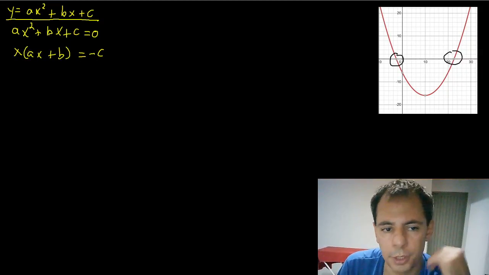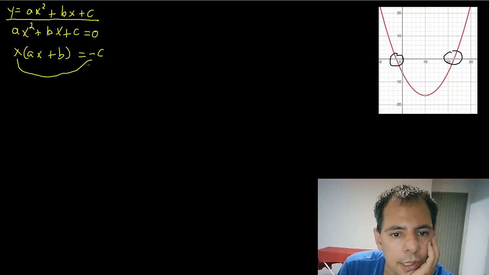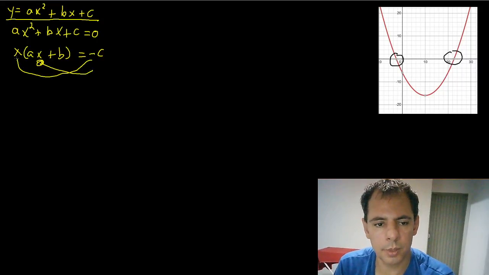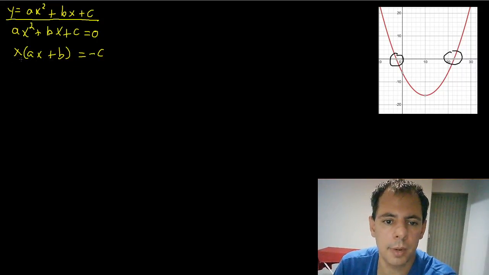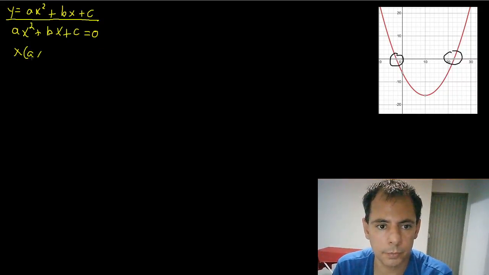Well, you got a problem here because if you pass this x to the other side dividing, you're still going to be left with some x in here. And if you pass this one to the other side dividing, you're still going to be left with an x here. The problem is that you can't isolate the x. So none of this is going to work, okay? We have to try something else.